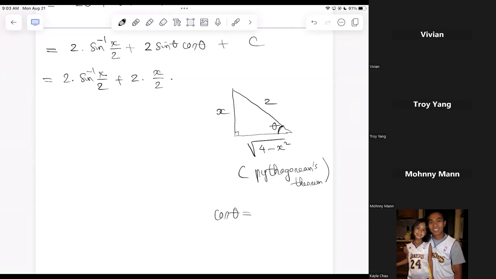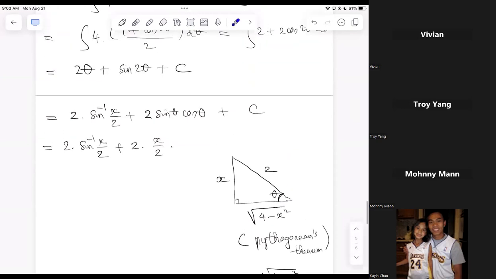The cosine is equal to the adjacent over the hypotenuse, so it is the square root of 4 minus x squared over 2.